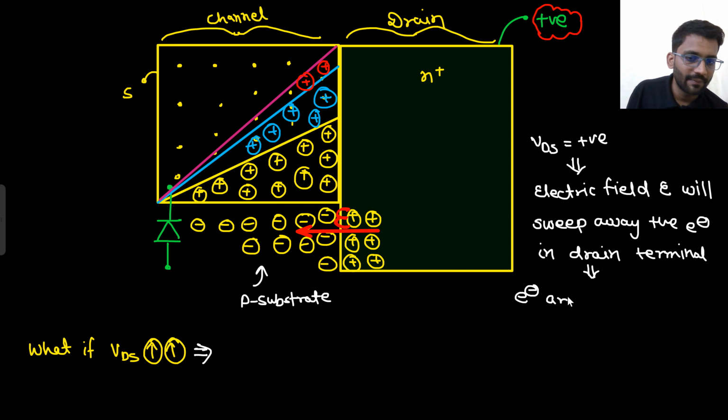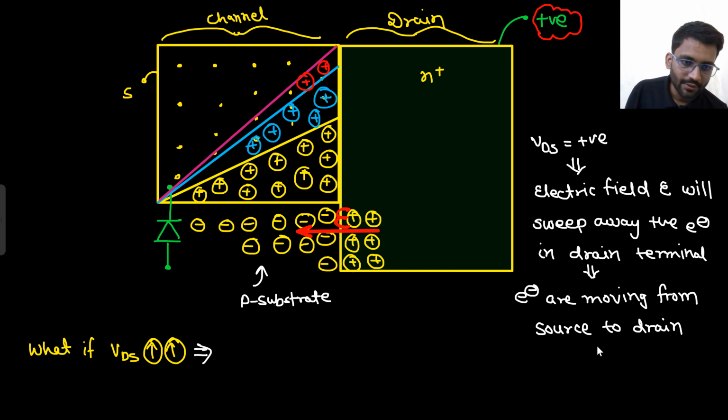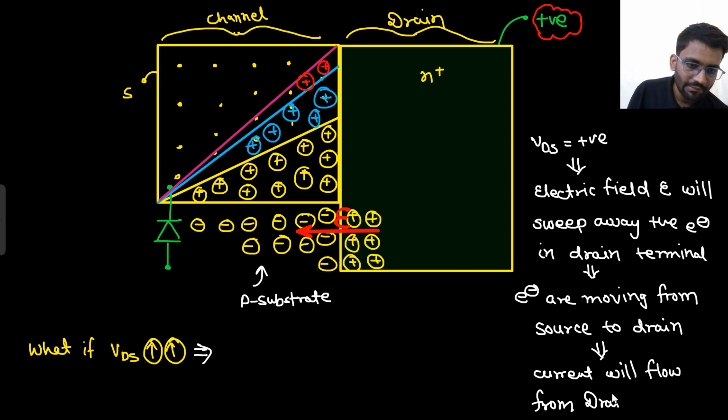Electrons are moving from drain to source. Sorry, from source to drain. So the current will flow from drain to source.